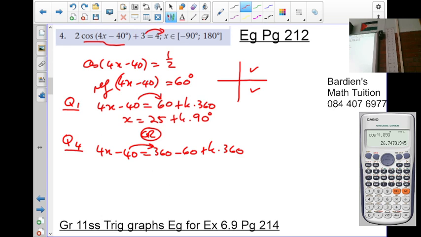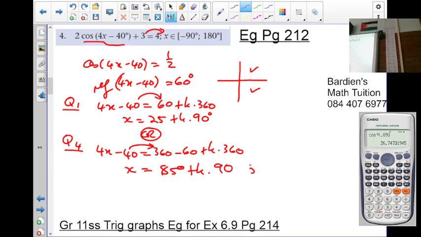So 360 minus 60 is 300. Plus 40 is 340. Now 340 degrees divided by 4 gives you 85. Let's check. It's 85 plus k times 90.